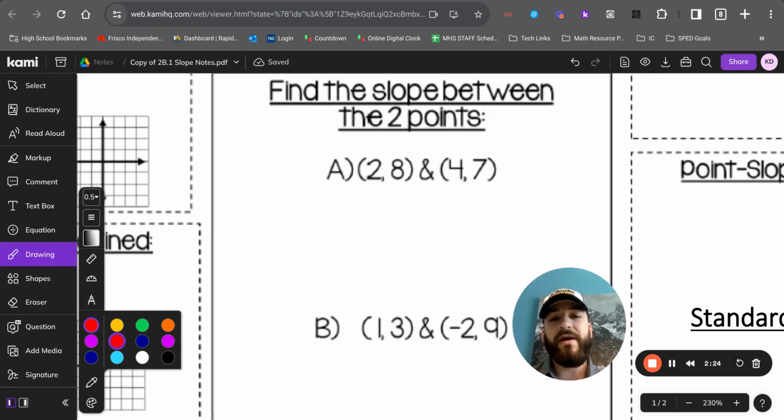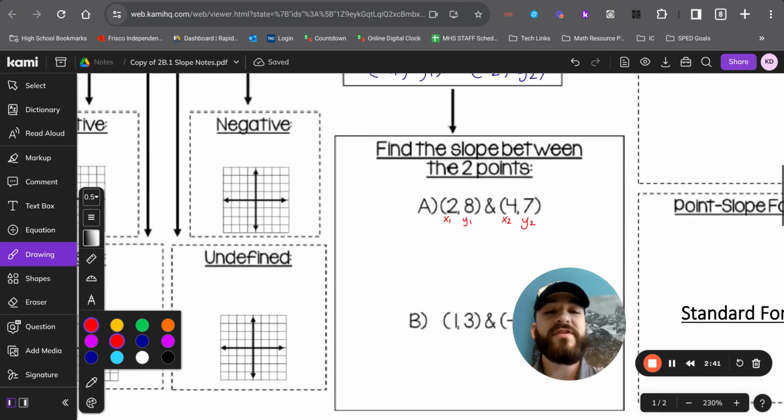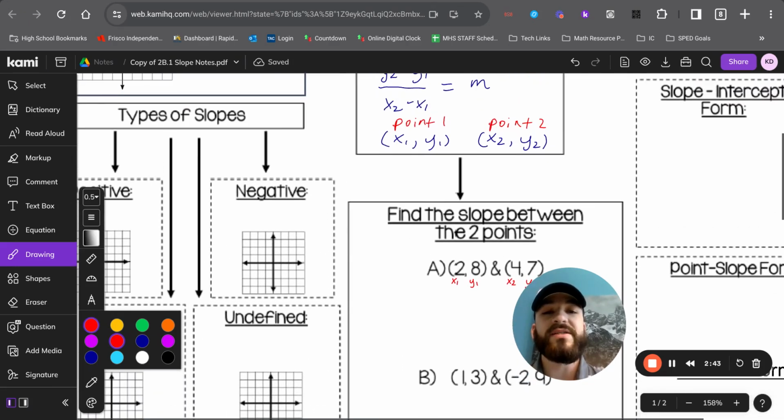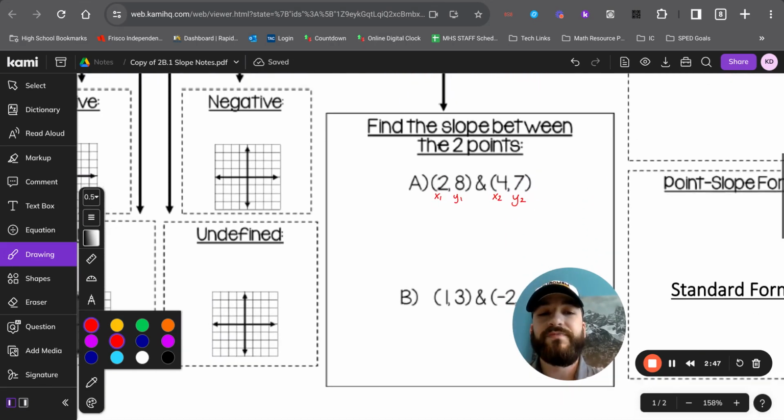So looking at A, we have the point 2, 8, and we have the point 4, 7. And what I find is most helpful is to go ahead and label these points as x1, y1, and x2, y2. And once I have those points labeled, all I have to do is plug them into my slope formula. So y2 minus y1 over x2 minus x1.